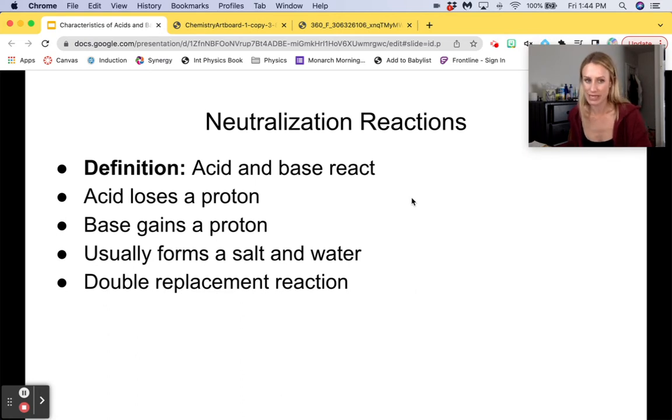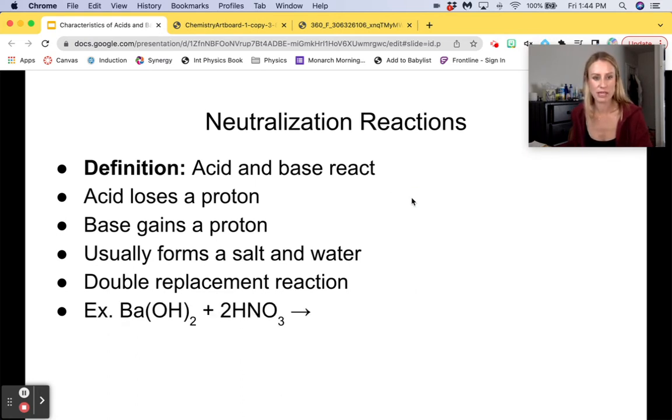Now, this is a double replacement reaction. So if I have an example here, I have barium hydroxide reacting with nitric acid. I think that's what that's called. We'll go over acid naming in a couple lectures. But here, that hydroxide is going to be my base because it is going to receive that proton.